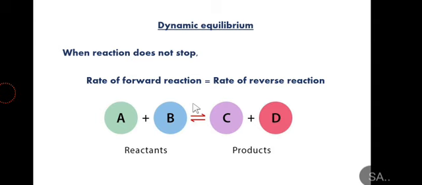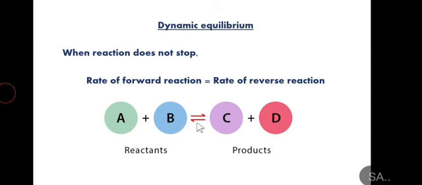I hope you remember that this arrow sign indicates a reversible reaction, and it attains dynamic equilibrium. How? First the reactants undergo the forward reaction and give you the products. Under certain conditions, these products revert to reactants, and this arrow indicates the reverse reaction.